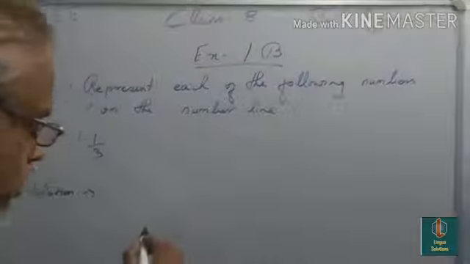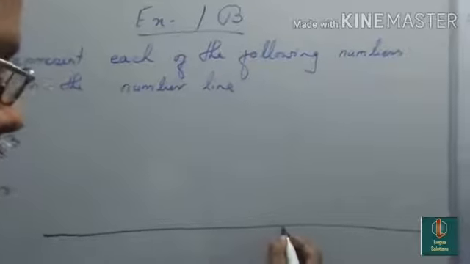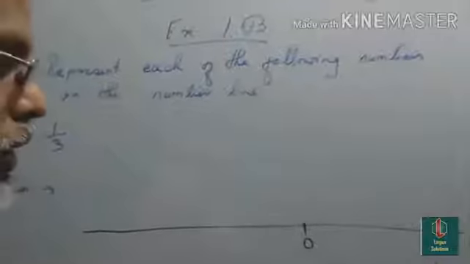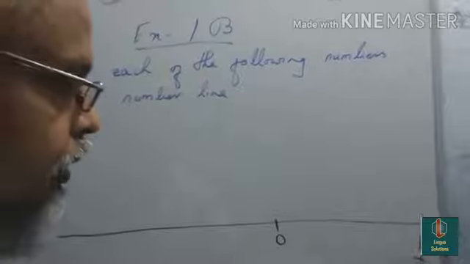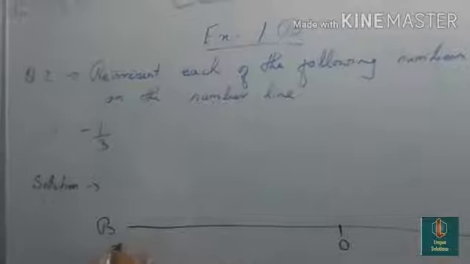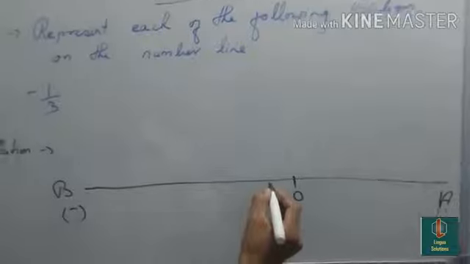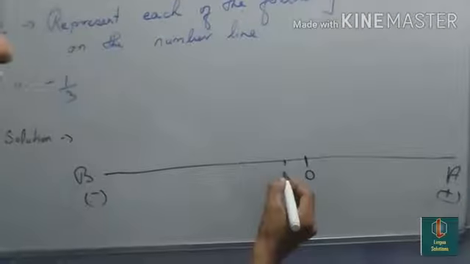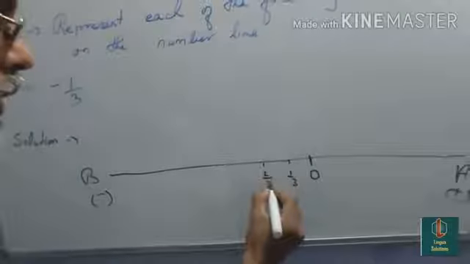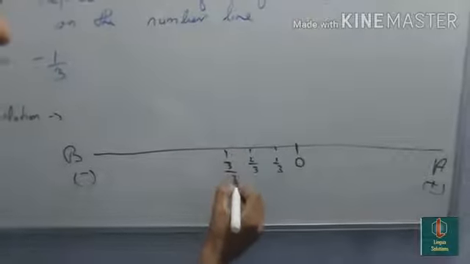So we know that 0 is here, then this side is plus positive and this side is negative. So we will mark 1 by 3, 2 by 3, 3 by 3.